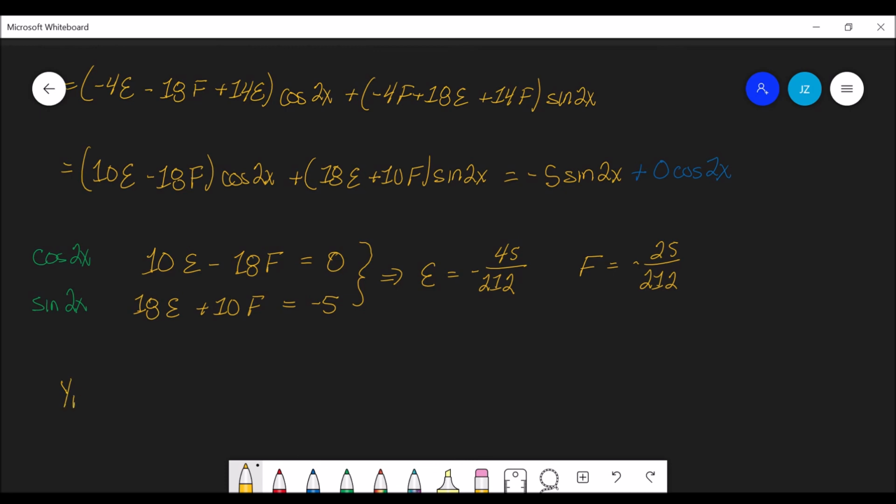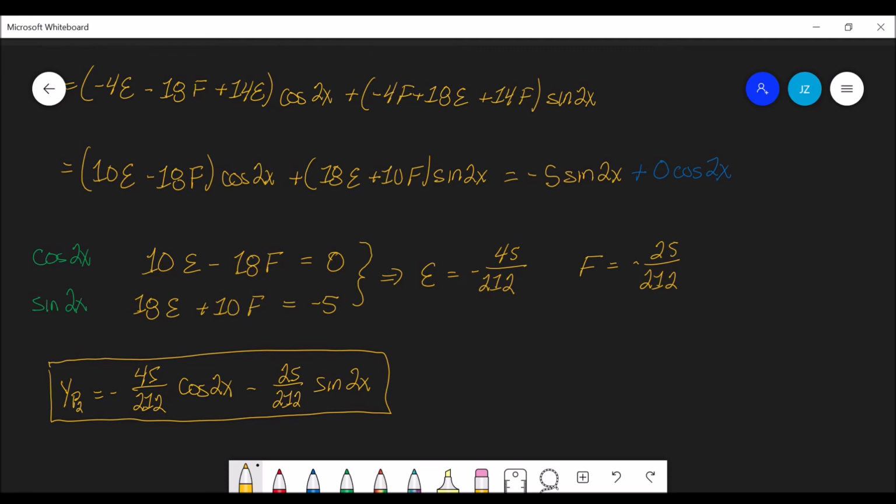So our second particular solution is negative 45 over 212 cosine of 2x minus 25 over 212 sine of 2x. And again, we will just store this.